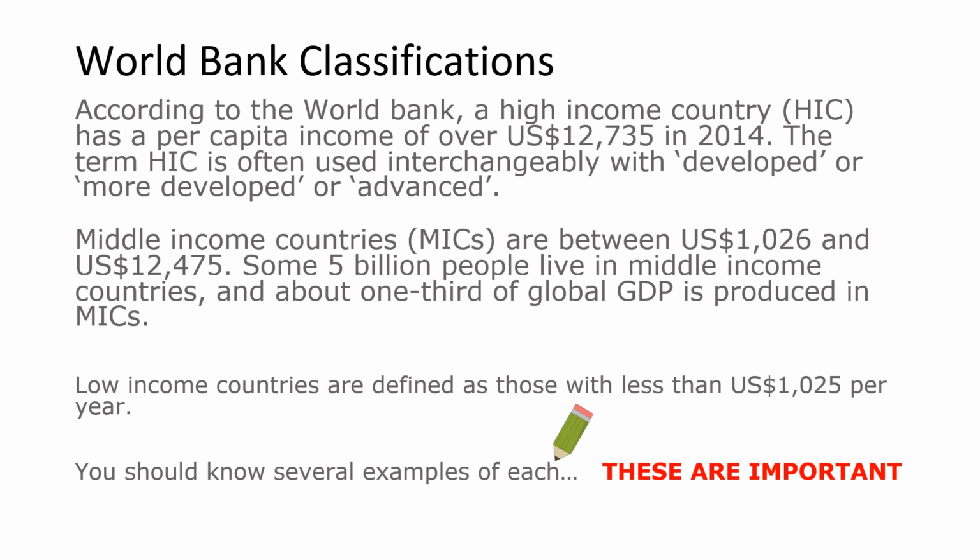Low income countries, this is where people earn less than $1,025 US per year. And so thinking through and being able to identify certain countries based on whether they are high income or middle income or low income is going to be important.